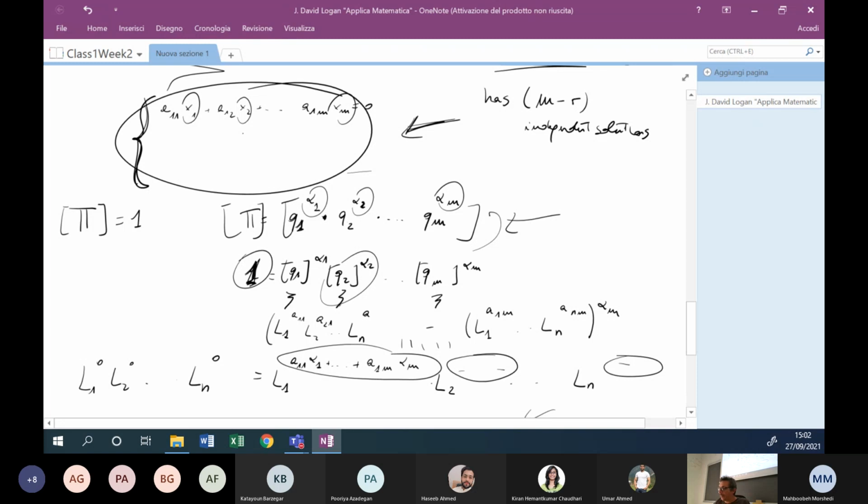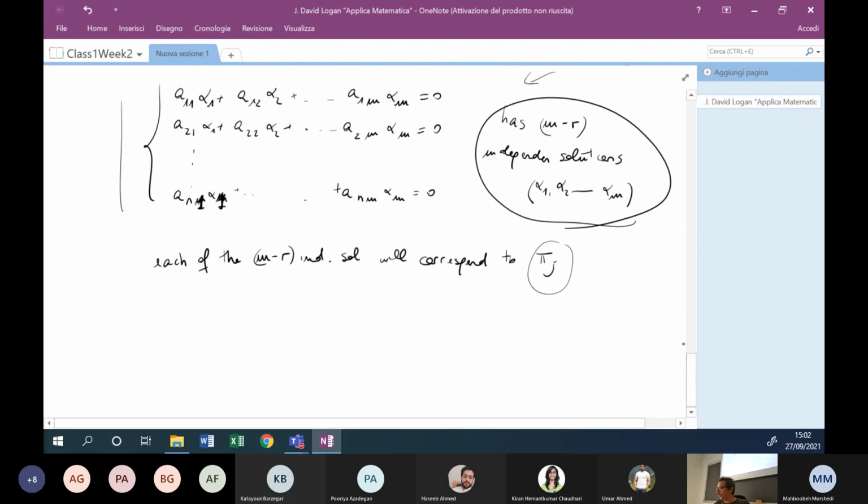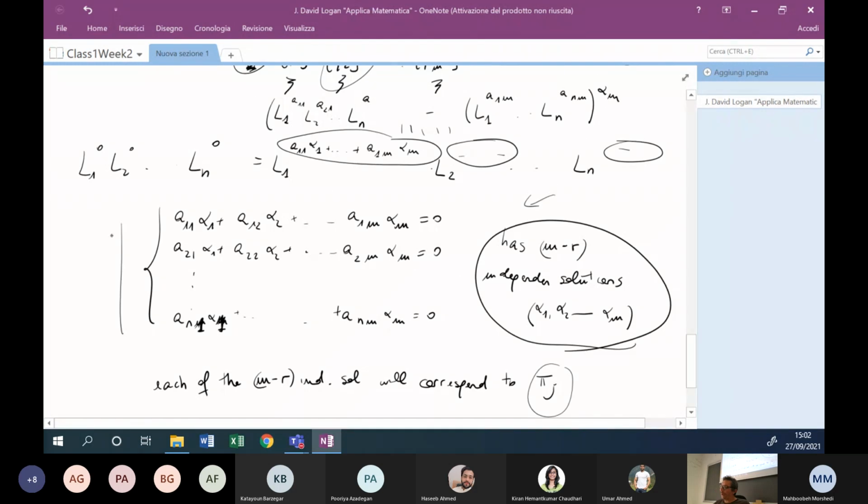For example, I can have some combination of q1 squared times q2 to the cube which is dimensionless. Very good. This will correspond to alpha 1 equal to 2, alpha 2 equal to 3, and nothing else. Then I will have some other combination. Okay, fantastic. What I want to do is to find all the possible independent combinations, and all the possible independent combinations can be found by solving this linear system.